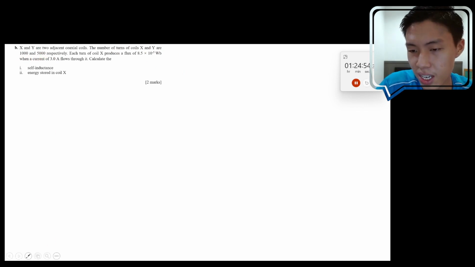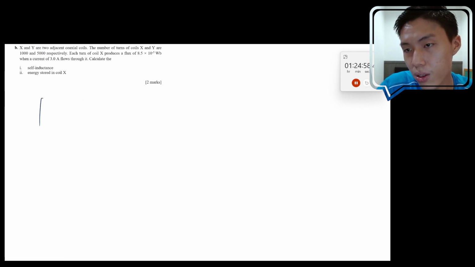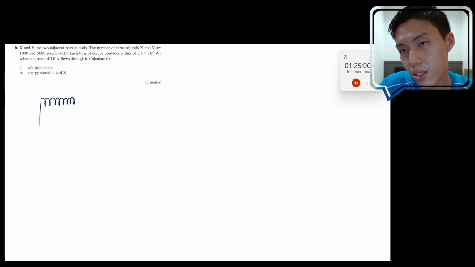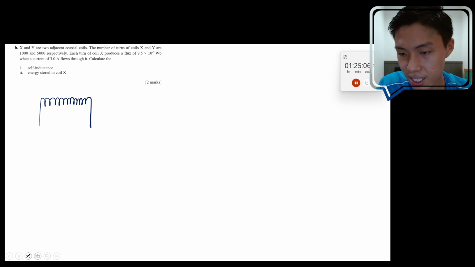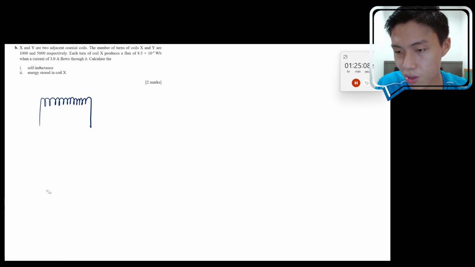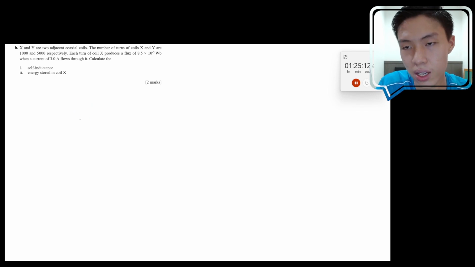So let's probably sketch out the situation. You have one coil, coil X. They didn't specify the coil, so let's not complicate the situation. Think simply. Let's look at it from the front view. Front view has one coil.